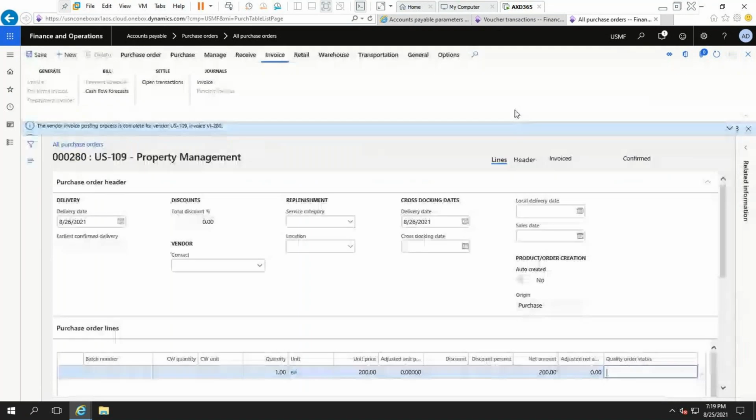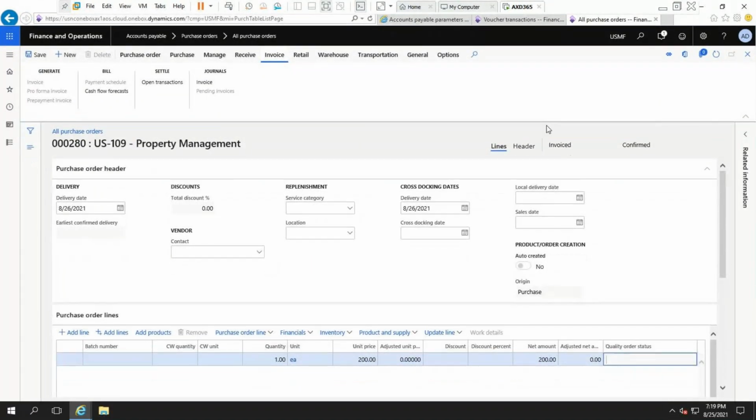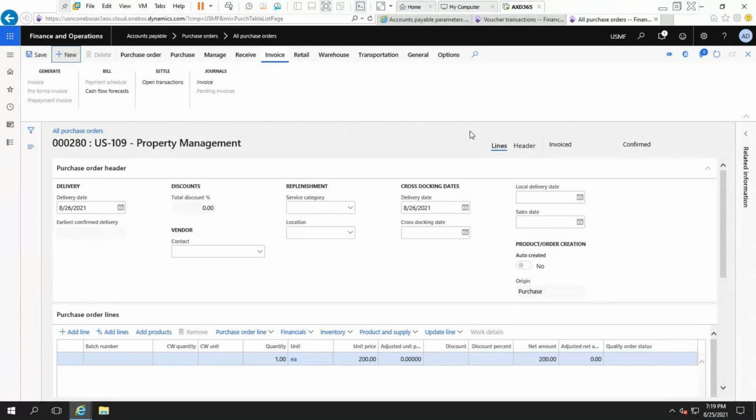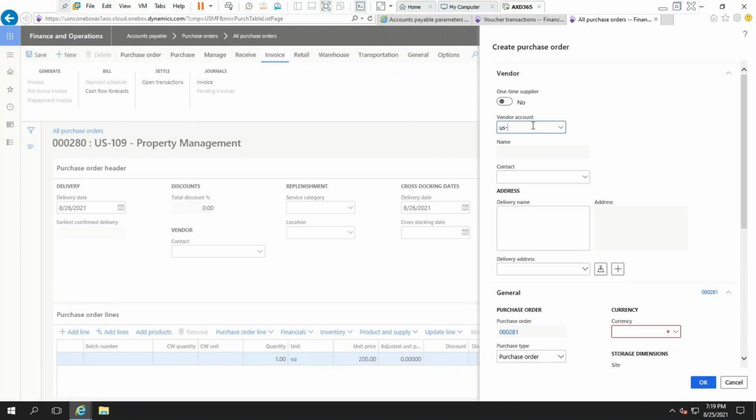At one time, if I explain everything, you cannot understand. If I explained this in the very first session, you could not grasp it. Now you are in a position to understand what it is. I'm clicking the new button, creating a purchase order against one vendor. Select the vendor, any vendor is fine.